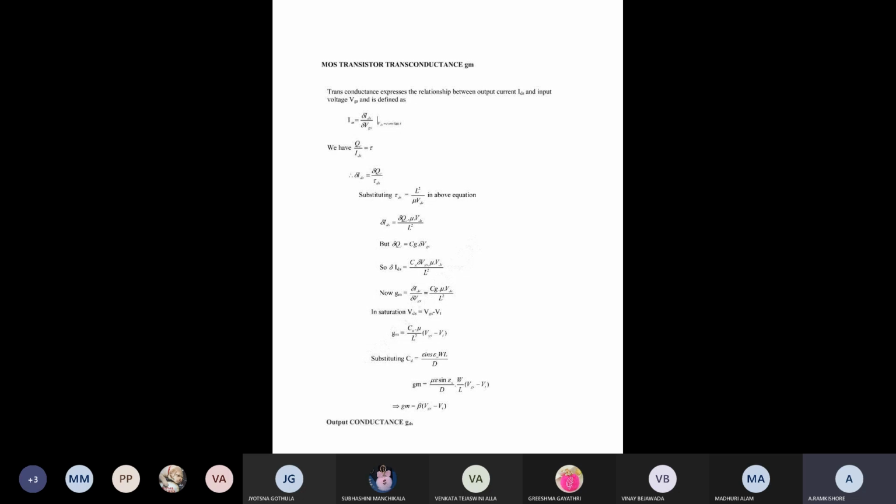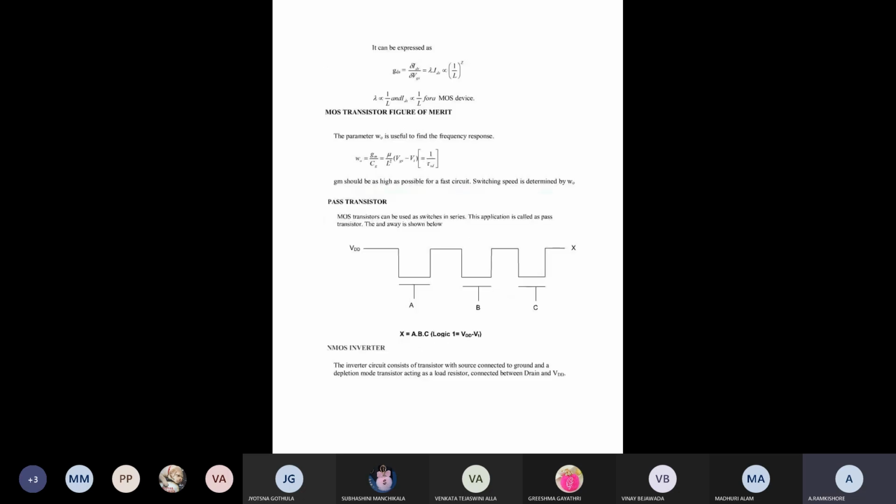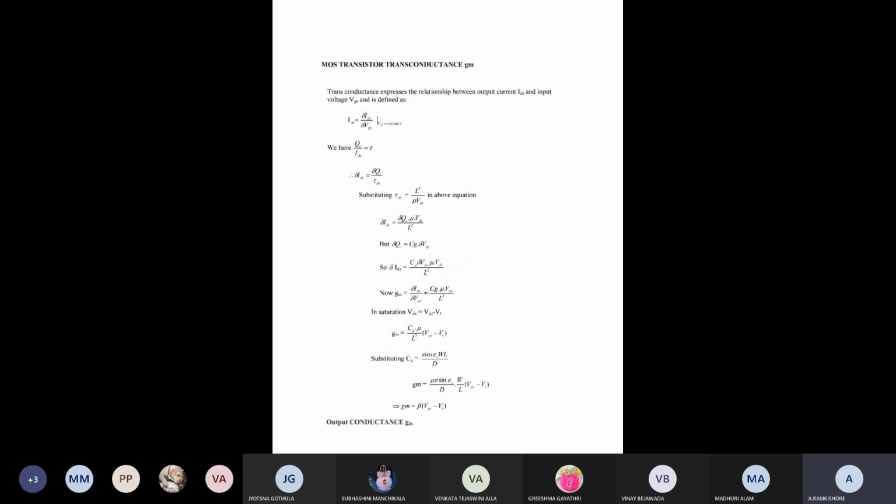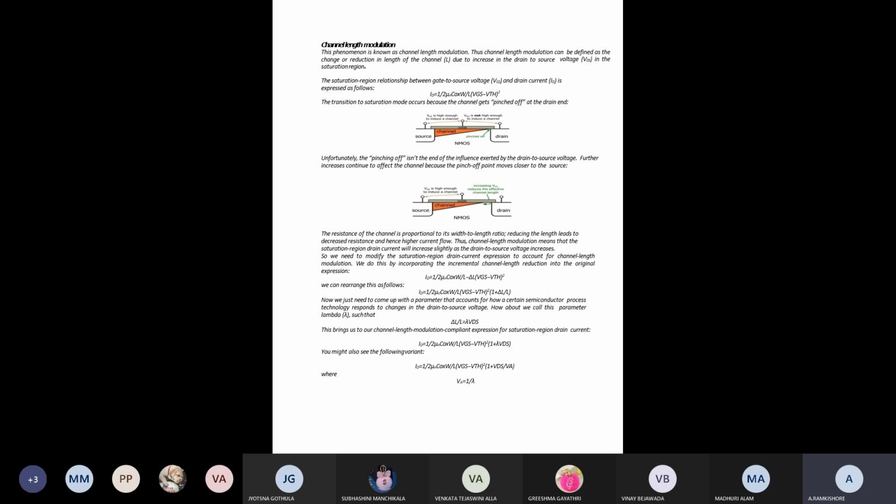Whenever we increase the transconductance of the MOS device, parallelly the area of the chip also increases, the input capacitance also increases, and the width of the channel also increases. So that is one of the factors the MOS transistor transconductance depends on.